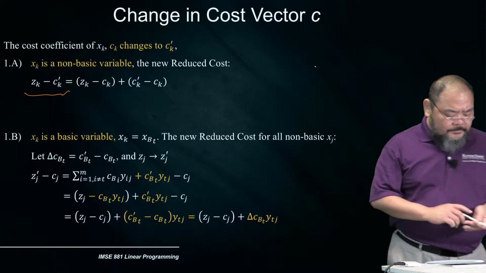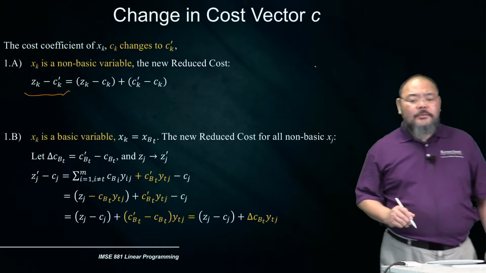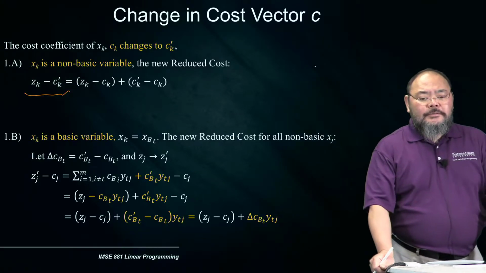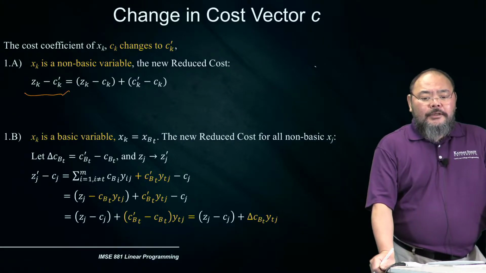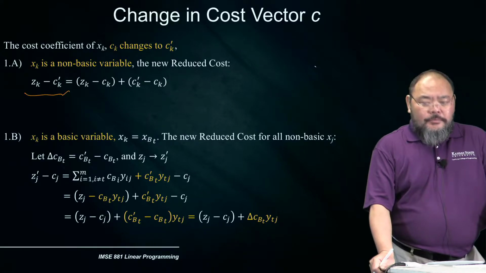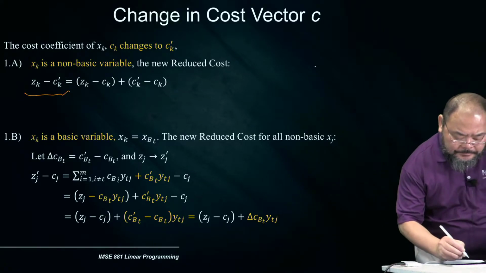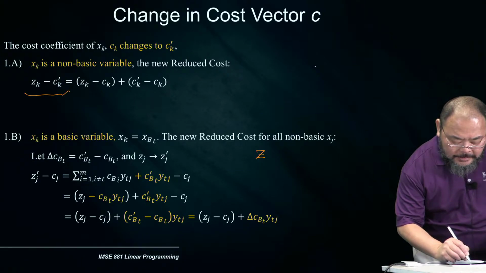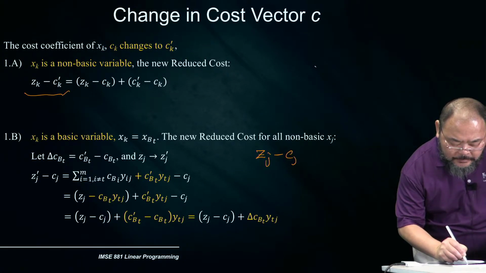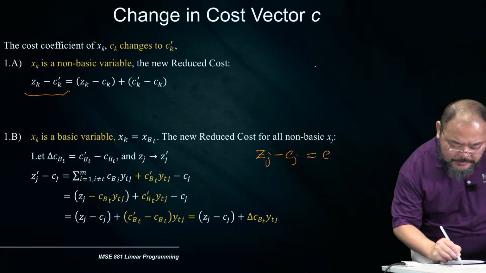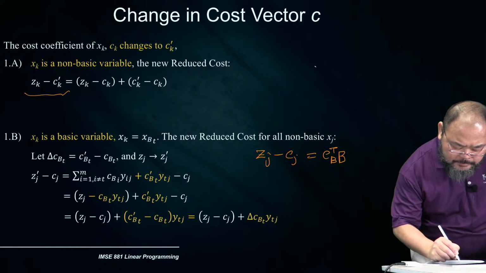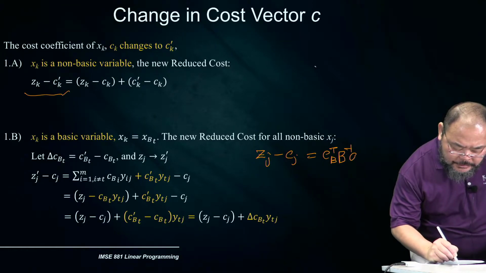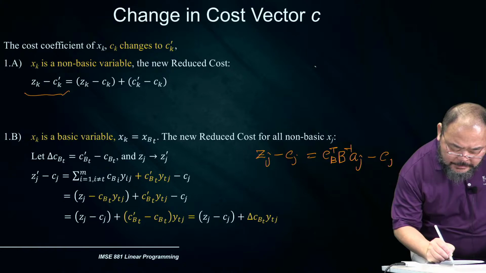But if xk is a basic variable, then the problem becomes a little bit more complicated, because remember, the zj minus cj portion equals cB transpose times B inverse times Aj minus cj.